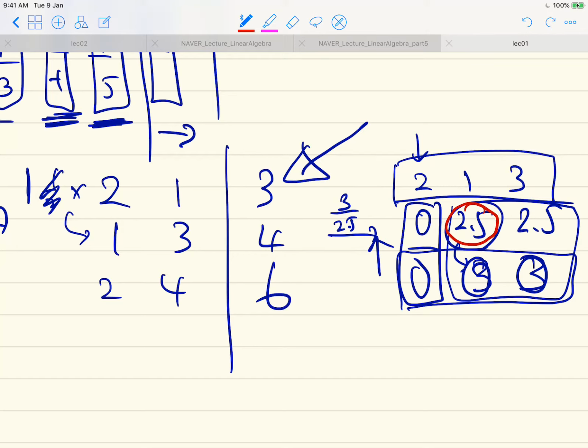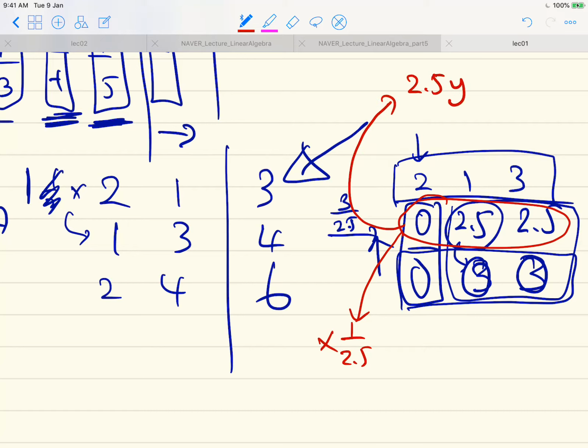But before doing it, we have an option to make it simple, so that this guy is multiplied by 1 over 2.5. In the case of the second equation, it means 2.5 y equals 2.5, right?